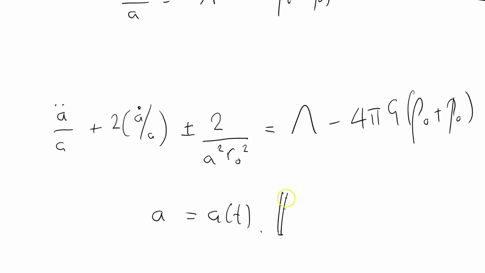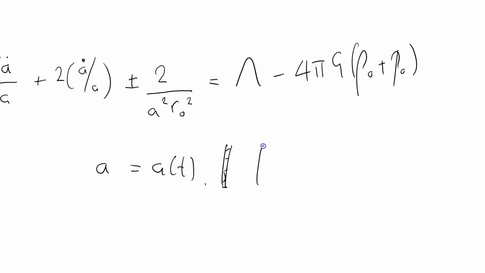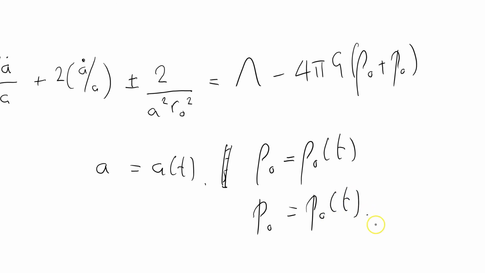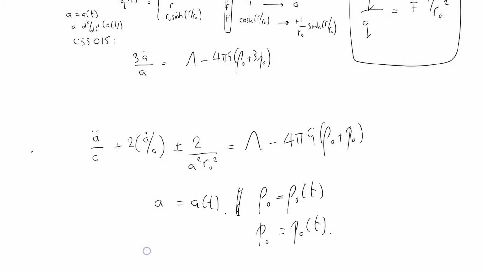However, what these equations include, but I've not made explicit, is that rho 0, which is the density in the rest frame of the fluid, is a function of time as well, and the pressure is a function of time as well. So now we've gone from having 2 equations and 1 unknown to 3 unknowns. We've got a, rho and p, and we need another piece of information to close this.